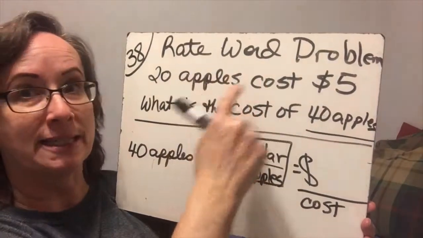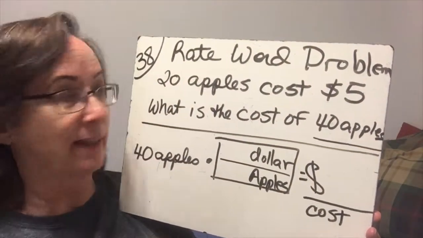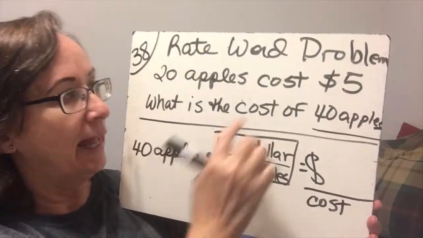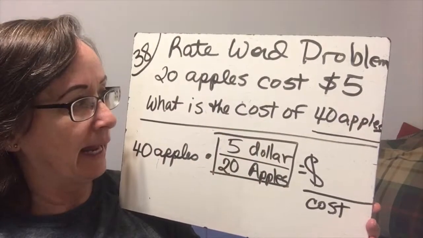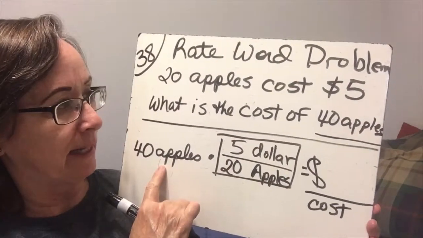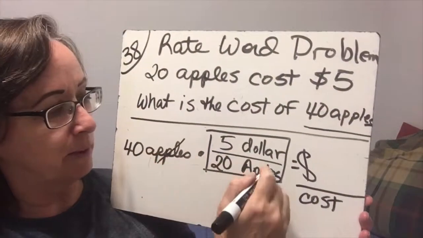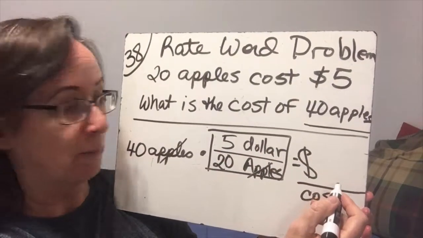So we're going to use the same rate, but now it's flipped over from what it was in the last example. The 20 apples goes on the bottom, and the $5 goes on the top, and we have 40 apples going in. Here's our rate. And now apples will cancel apples, and we're left with dollars, which is what we wanted.